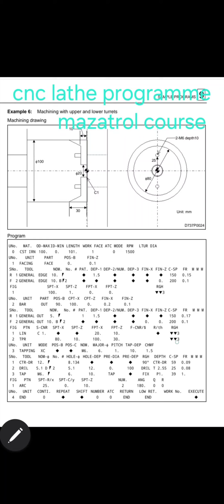So we choose surface 3. What we did, TPR from this one to this one, TPR line from this one to this one. So you understand about CNC. I explain it clearly, so just understand about it.